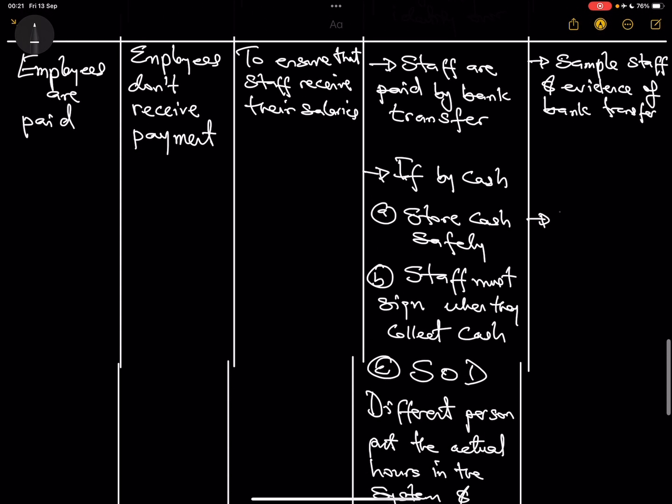Yeah, this one, auditor needs to visit the storage site and ensure it's safe.